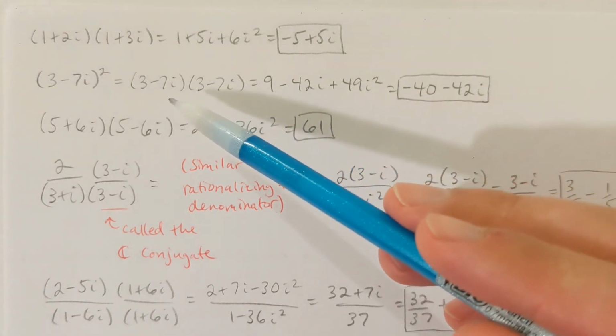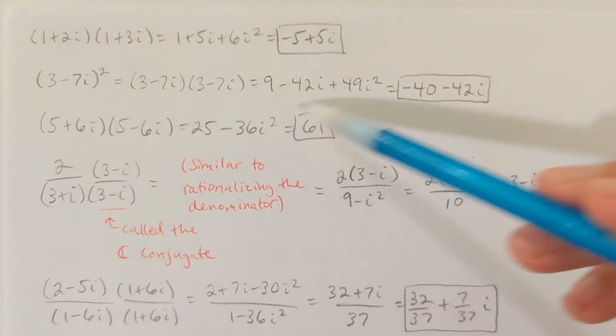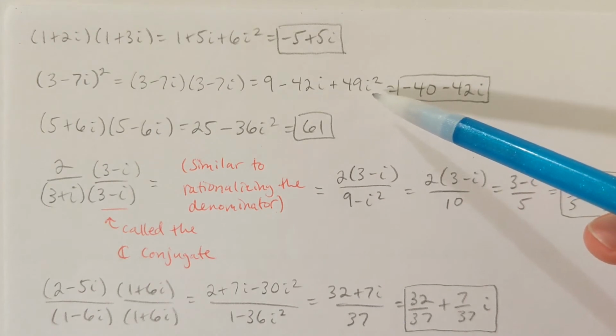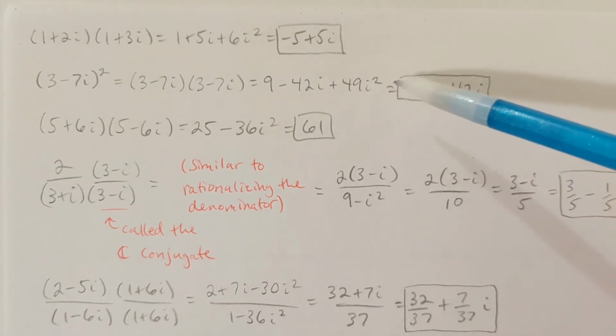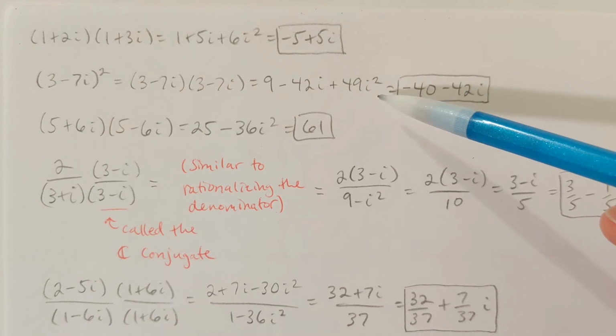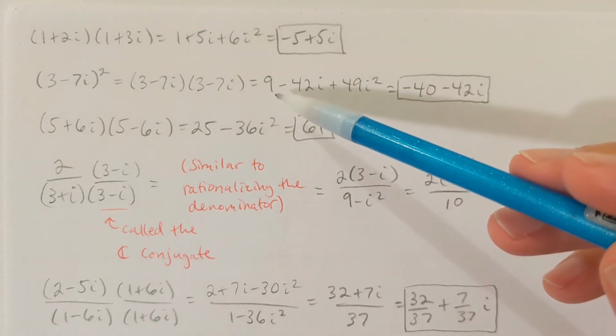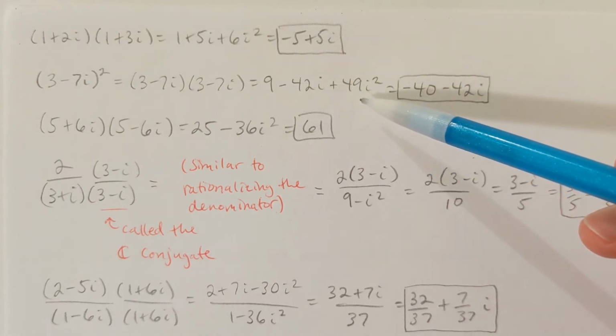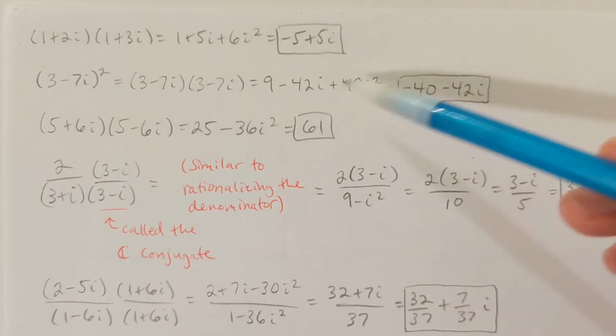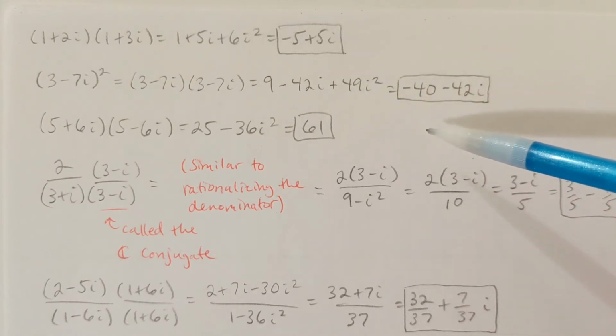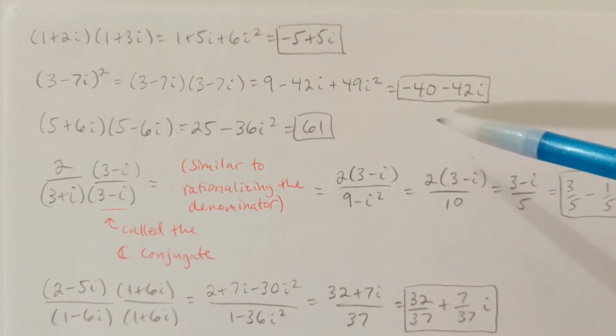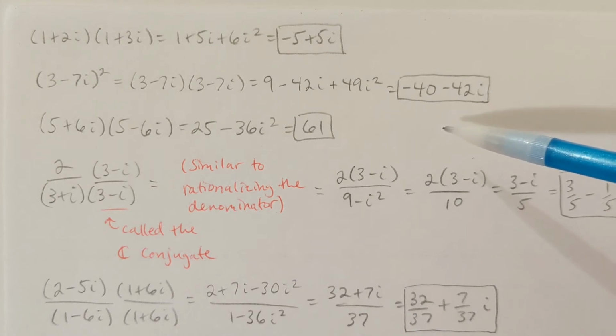Negative times negative is positive. 7i times 7i gives me 49i squared. i squared is negative 1. So really I have to take 9 minus 49, which gives me negative 40, and then I get the minus 42i. Negative 40 minus 42i would be my answer.